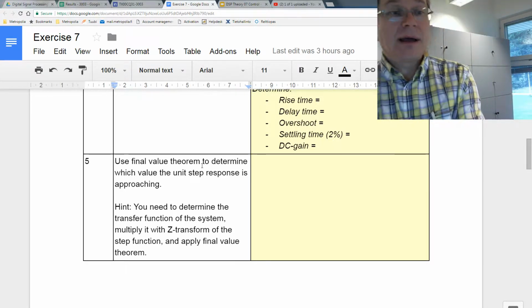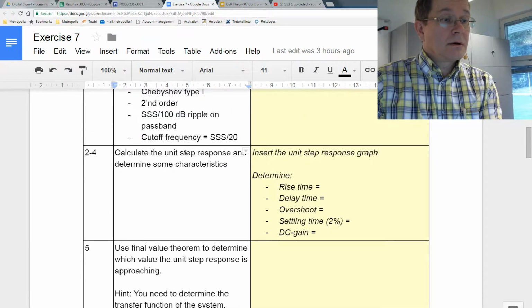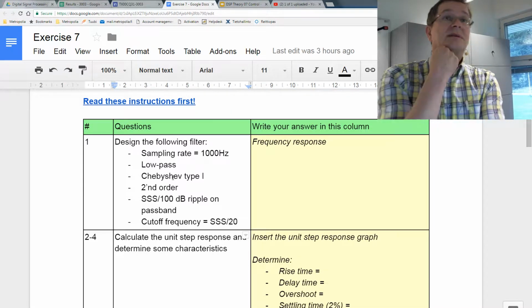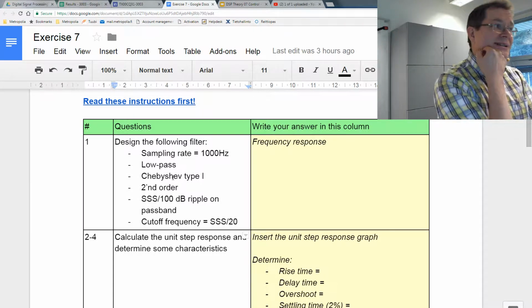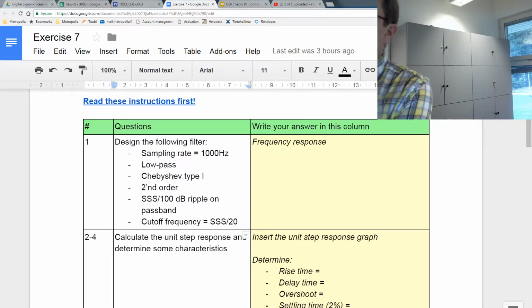And I also chose the Chebyshev type 1 for good reason, because it does not have unity DC gain, for quite an obvious reason.